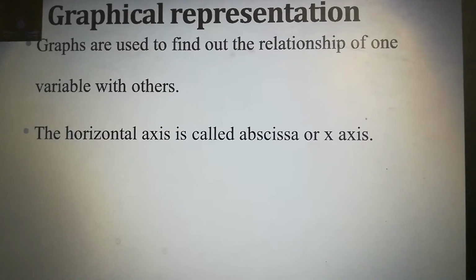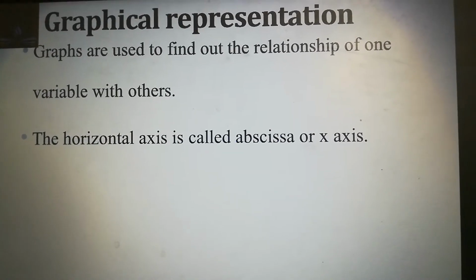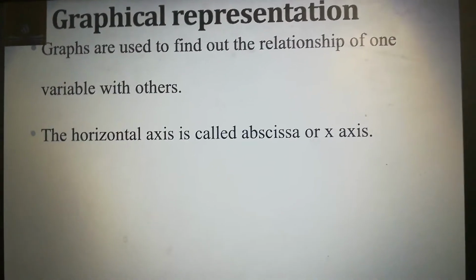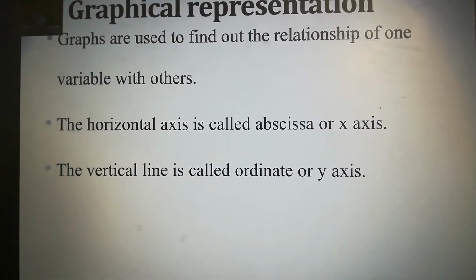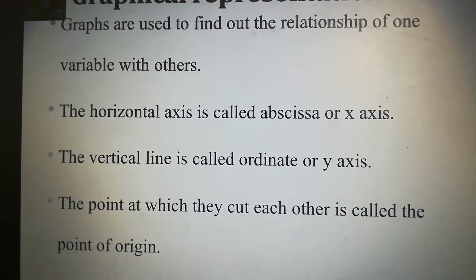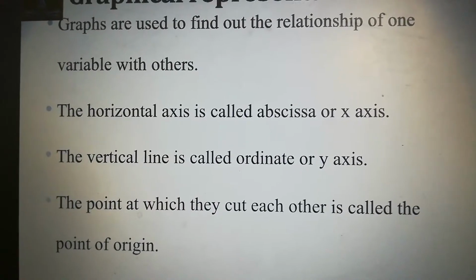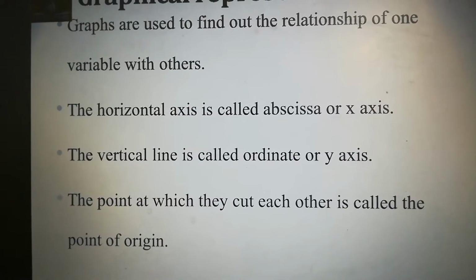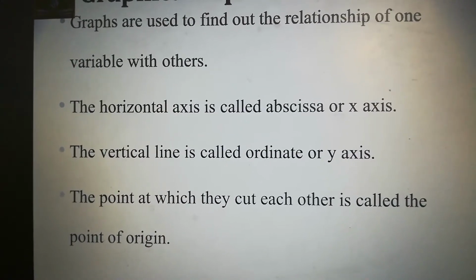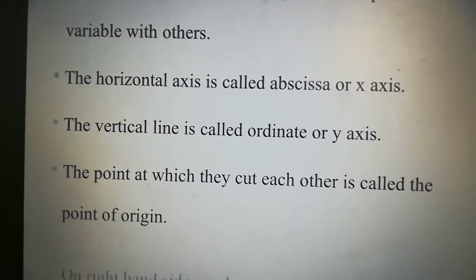The horizontal axis in the graph is known as the x-axis or the abscissa, and the vertical line is called the ordinate or the y-axis. The point where the x and y axes cut each other is known as the point of origin.